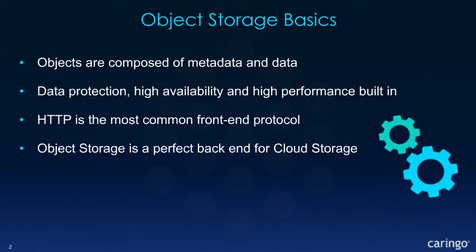And so the combination of data protection, high availability, high performance, and HTTP, combined with requirements in cloud storage areas, really makes object storage a perfect complement to cloud storage. In cloud storage, you typically need to be able to scale to billions of objects or petabytes of data in a multi-tenant environment.